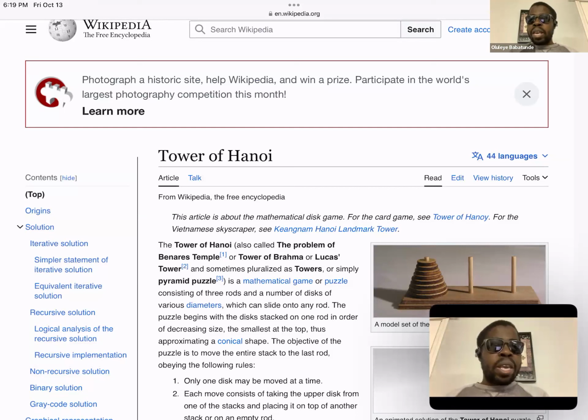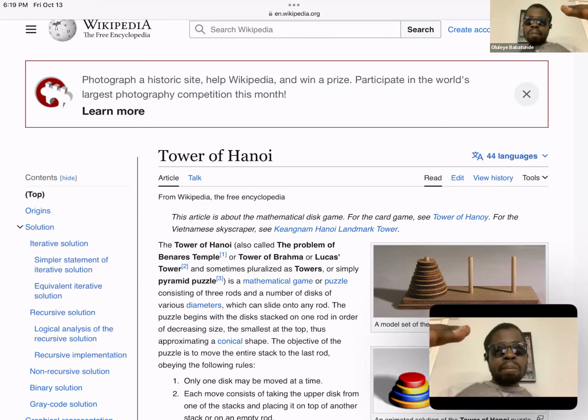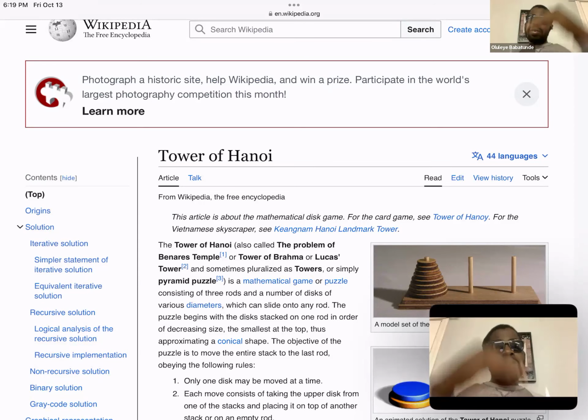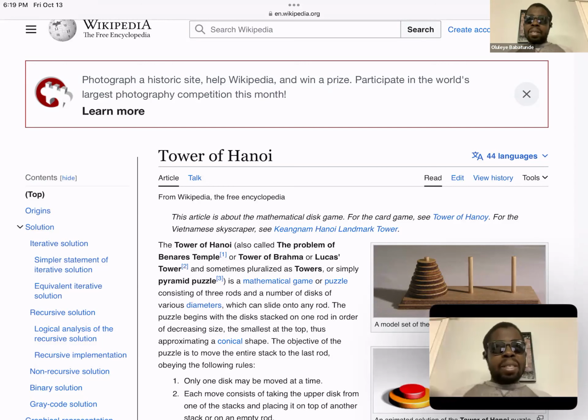The puzzle begins with the discs stacked on one rod in order of decreasing size, the smallest at the top. Okay, it has to be in what? Ascending order of size from the top. You cannot do descending order. The discs must be arranged like a pyramid, from the smallest to the largest diameter.